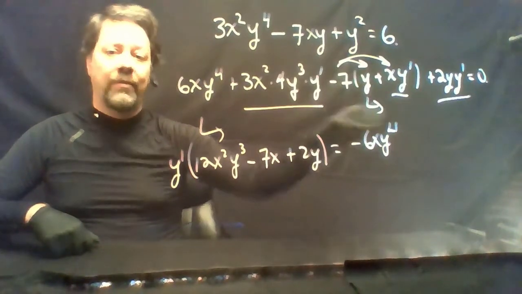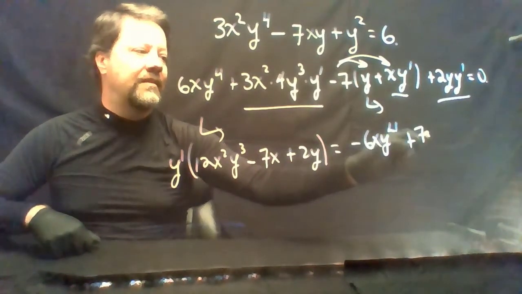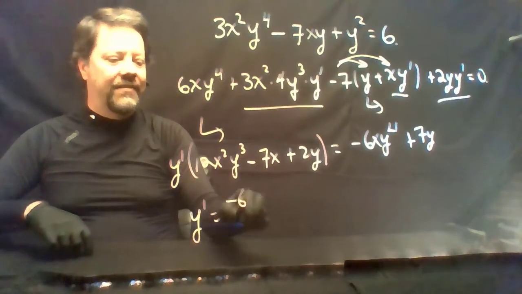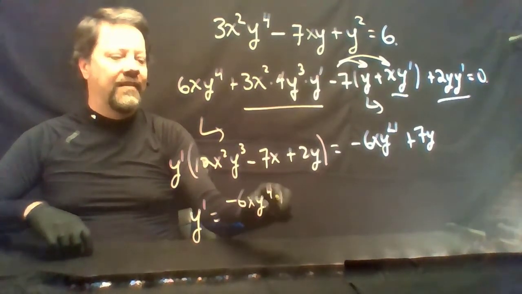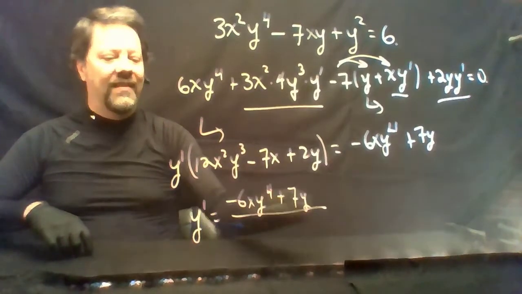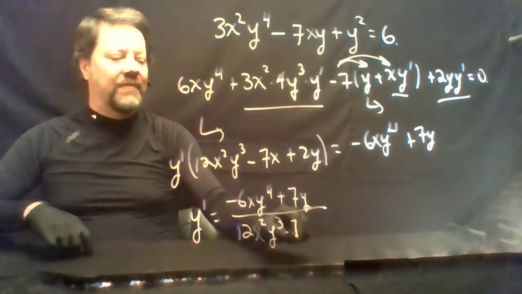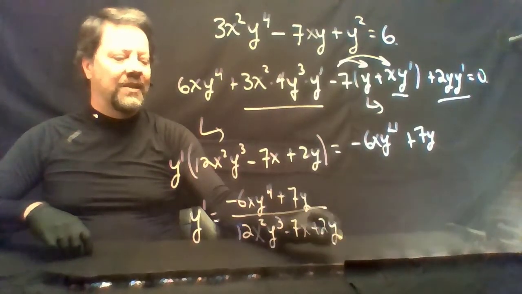We have a minus 7y brought to the other side is plus 7y. So the derivative is negative 6x y to the fourth plus 7y, over 12 x squared y cubed minus 7x plus 2y.